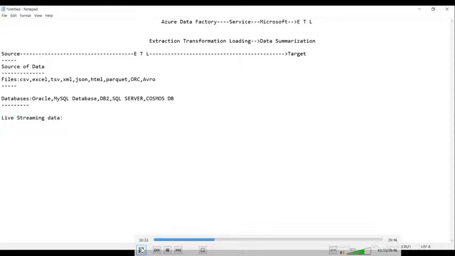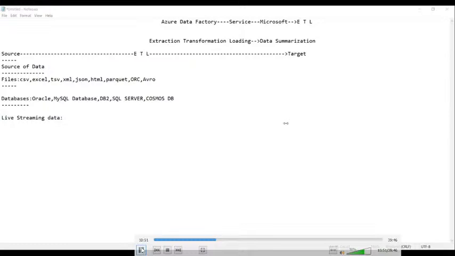Many sources are there, but these are the three sources which we can majorly get here. We can get the data from the files, from the databases, and from live streaming data.